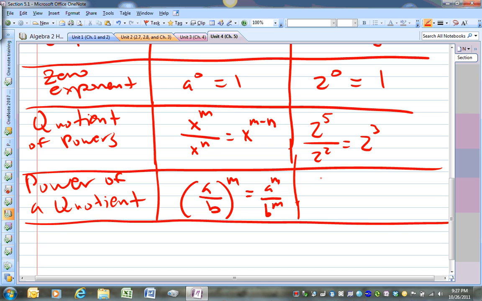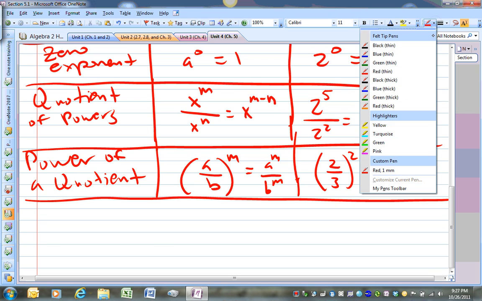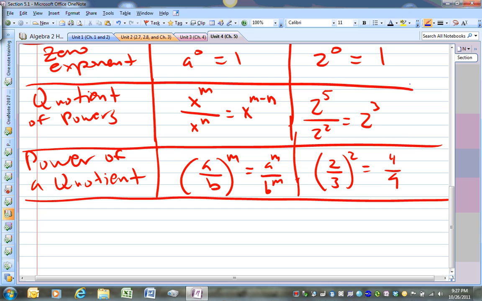So for example, if I had 2 thirds raised to the 2nd power, you can call it 4/9. So that's stuff that should be reviewed, you should already know. So let's move on to some examples.